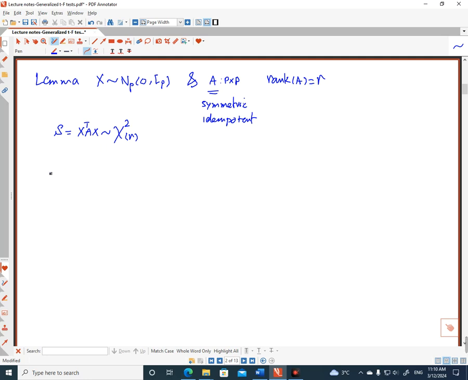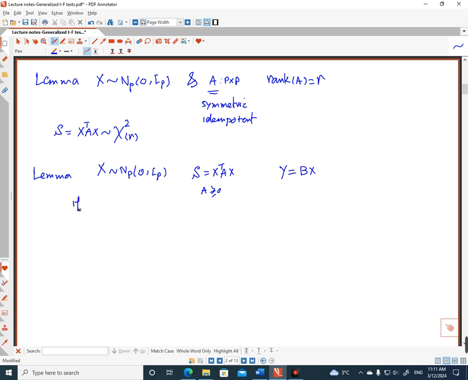This is an important lemma which we can use to construct other lemmas. Let's consider the second lemma. Suppose that x is a p-dimensional vector with normal distribution, zero mean, identity covariance matrix, and similar to the first lemma, we define S as x prime A x. A is symmetric, and we also have a vector y, which is defined as a matrix B pre-multiplied by x.